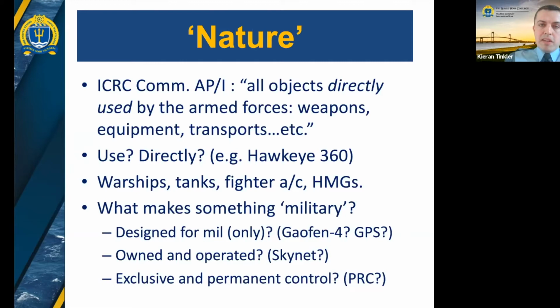If directly used by the military means something is by nature a military objective, then that seems to include things like HawkEye 360 satellites, which were produced to supply commercial and military consumers, as it were.